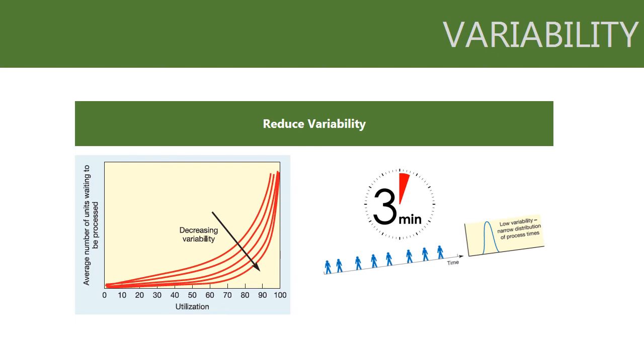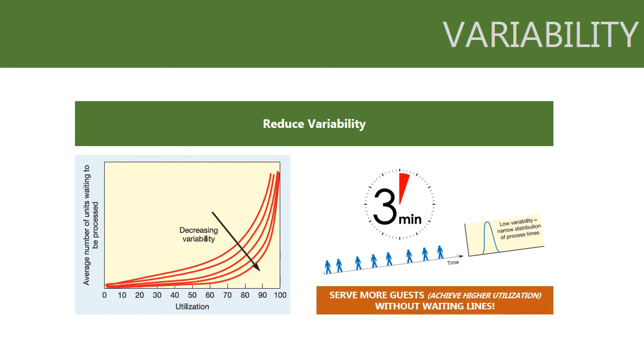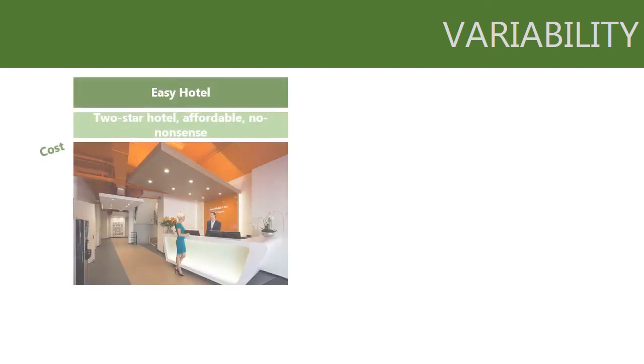By standardizing all processes, companies can make sure that the check-in process actually takes 3 minutes, not 5, for example. That way, a company can serve more guests without increasing the number of people waiting to be checked in or checked out. What is key in managing variability is that hotels and companies need to make the right decisions that are in line with their strategy.